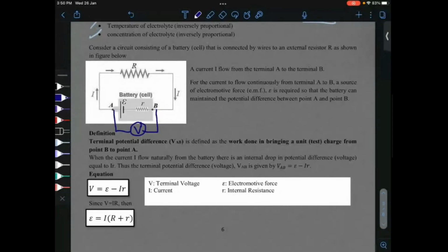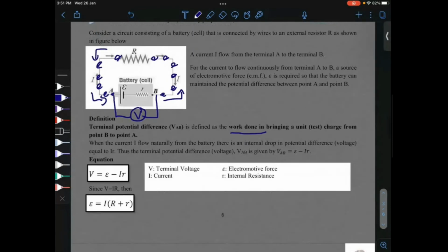So dekat sini dia tengah cakap potential from A to B ni, potential difference AB ni, terminal potential ini is the work done to bring charge, iaitu charge electron ini from B to A. You're trying to bring the electron from point B to point A ini. Okay, this is what we call as terminal potential difference.